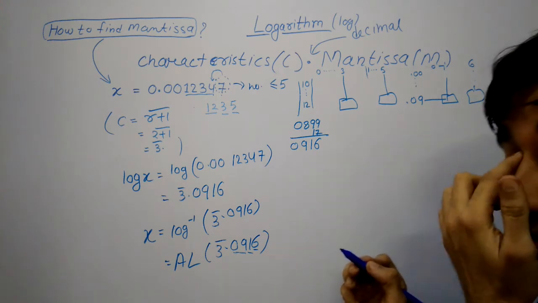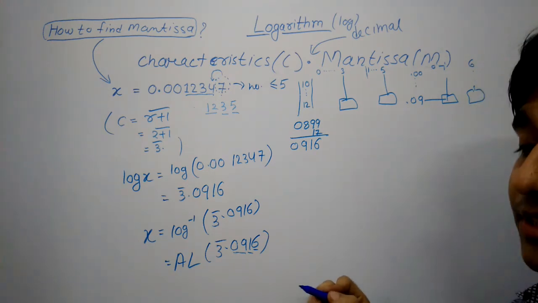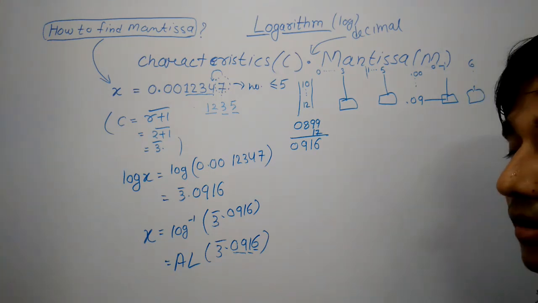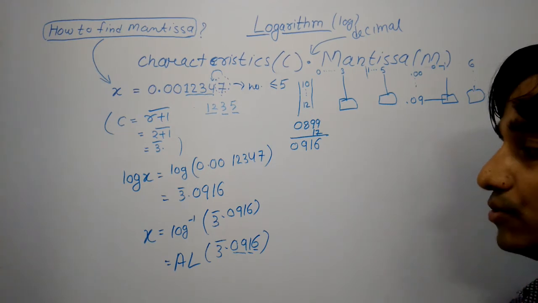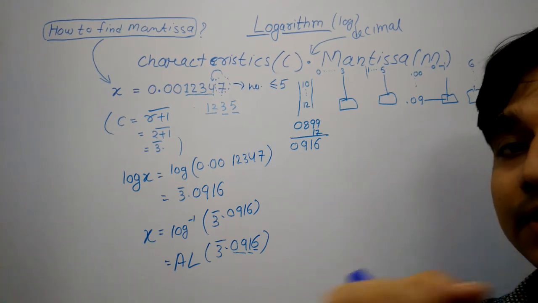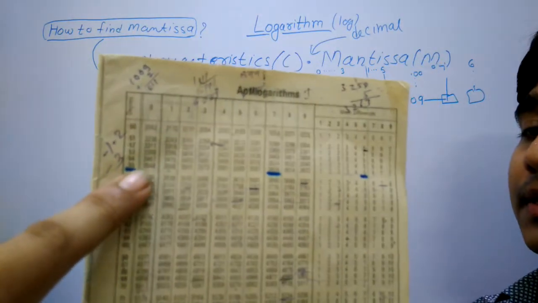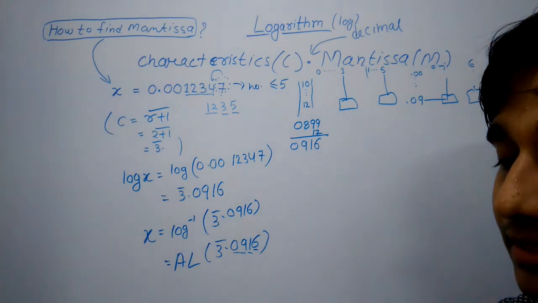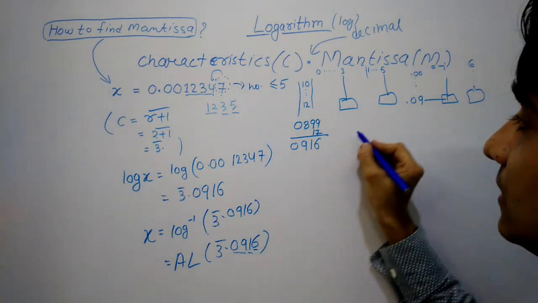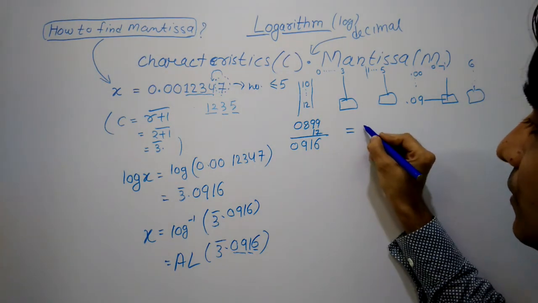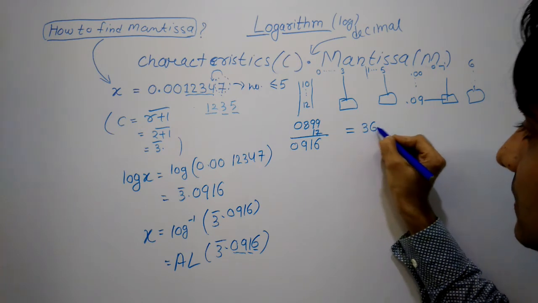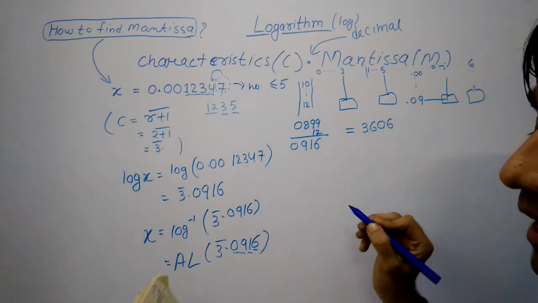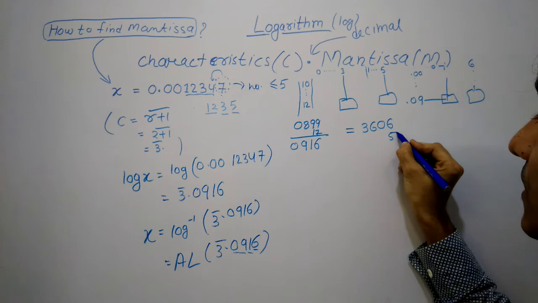For those numbers you have to check in the anti-logarithmic table. The anti-logarithmic table is this one. So you just check with the help of these anti-logarithmic tables. The number is something like this. So we have the number 3606, and in the mean difference 5 is there.